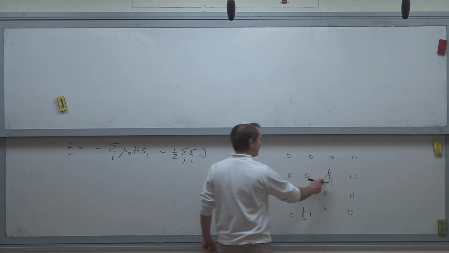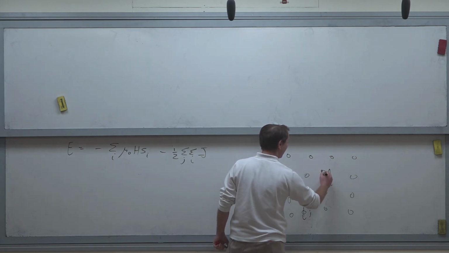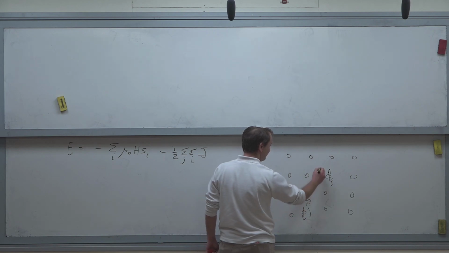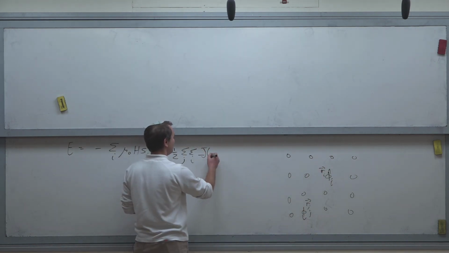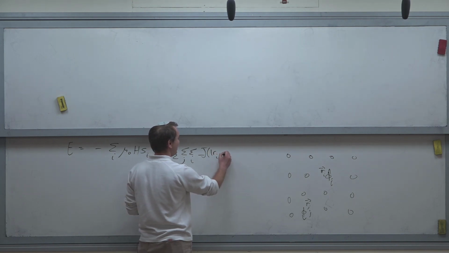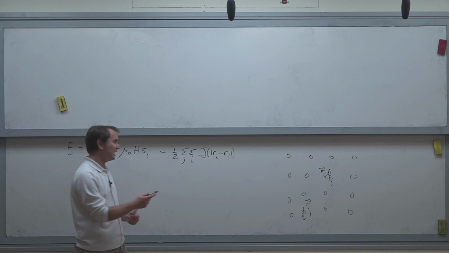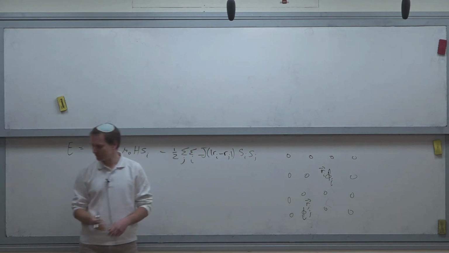This is particle i, whose position is the vector Ri. The position of particle j is the vector Rj. So the coupling depends on Ri minus Rj. And here we have a multiplication of Si Sj.